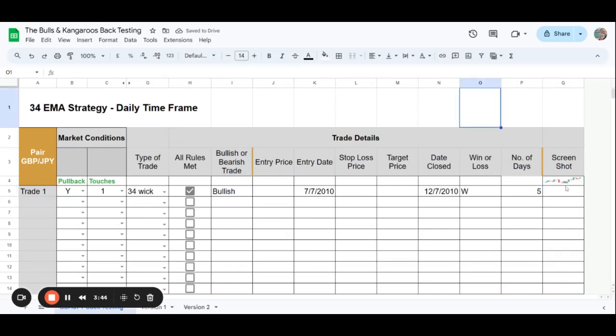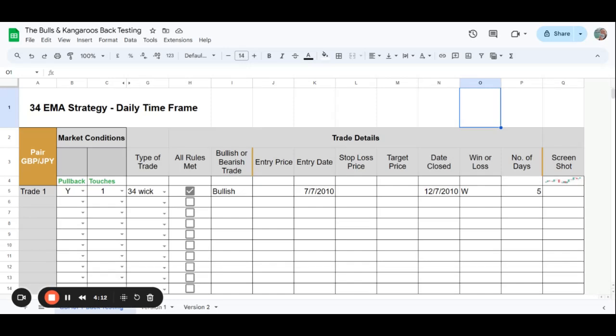Then we take a screenshot of that trade, and you can do that using the snip tool, which you'll find on your computer. If you don't know how to do that, drop us a comment in the video, and I'll cover that in another episode to show you how it is done.